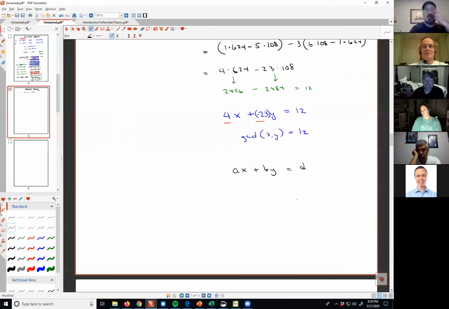Let's start with that. When d is a multiple of the GCD of a and b. Okay, when d is a multiple of the GCD of a and b, then we necessarily have solutions?